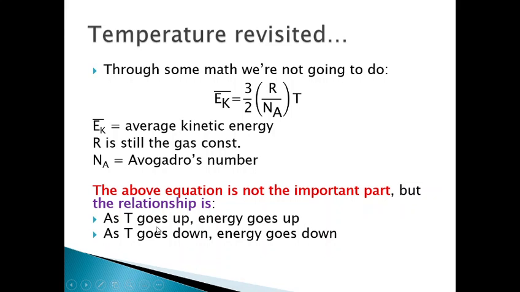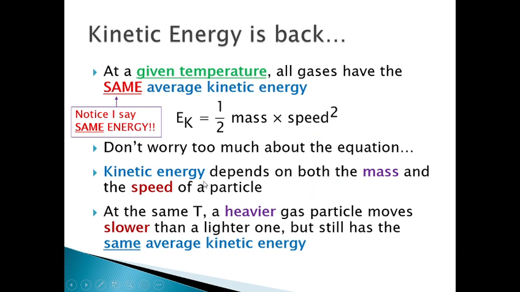At this point, do not write down this equation. Don't try to commit this to memory. But let me go back one more time just to make sure we're on the same page. At a given temperature, all ideal gases have the same kinetic energy. Energy will be the same, but it's dependent on your mass and your speed.